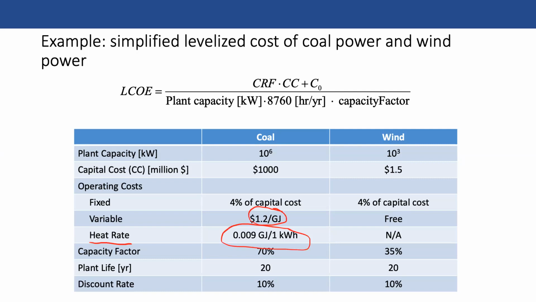The thing that you'll see from the heat rate is that it's always given in terms of some kind of unit of energy, gigajoules or MMBTU are the most common, so this is fuel energy, into units of electric energy. And that's going to be kilowatt hours or megawatt hours.